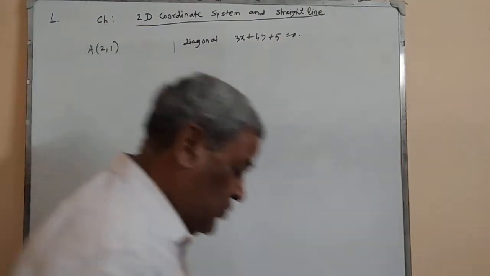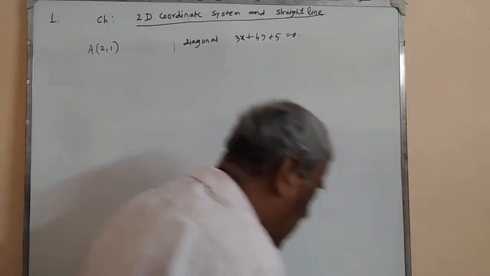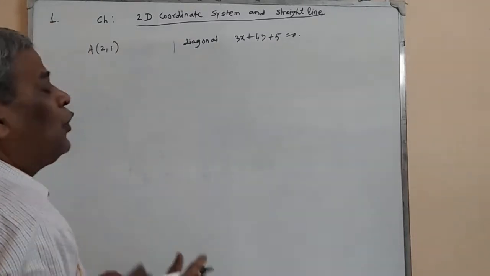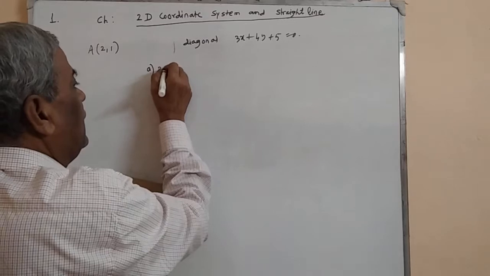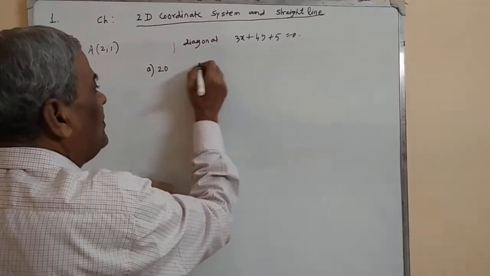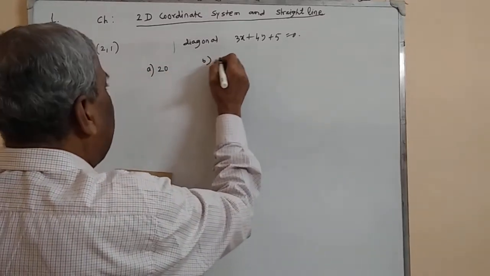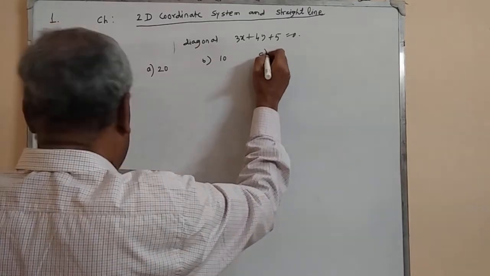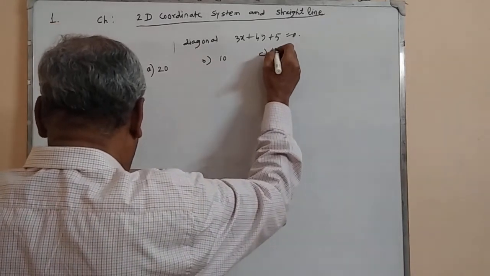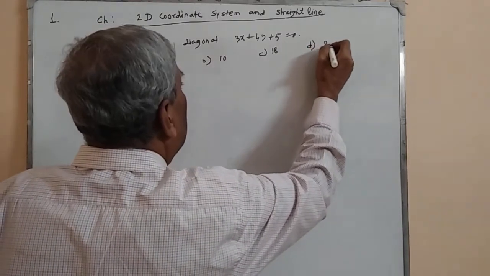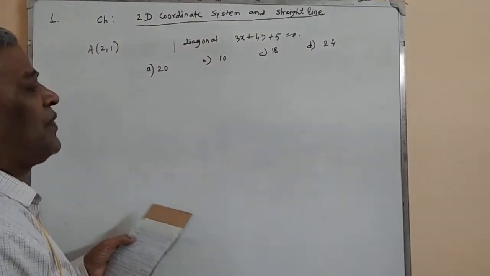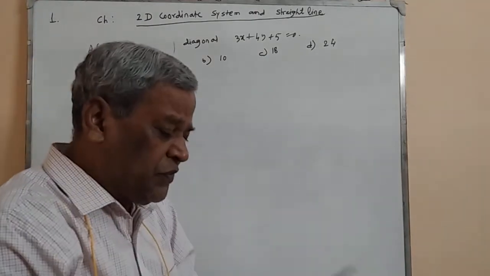Area of the square is? To find the area of the square, 4 options are there: A, 20 square units; B, 10 square units; C, 18 square units; D, 24 square units. All given in terms of square units.